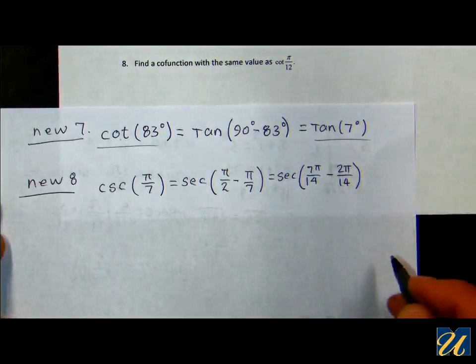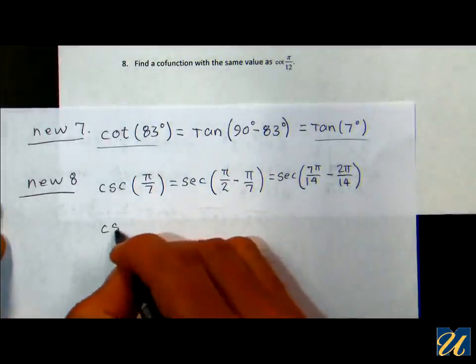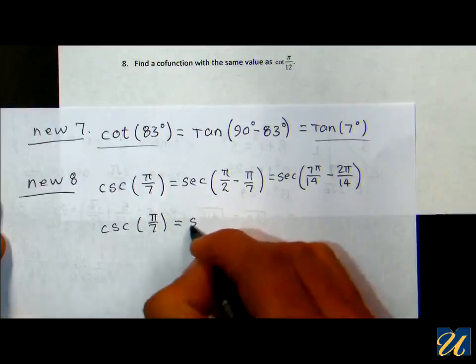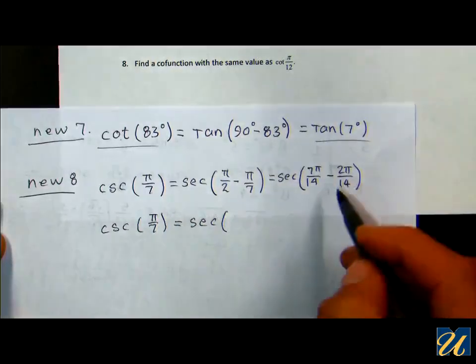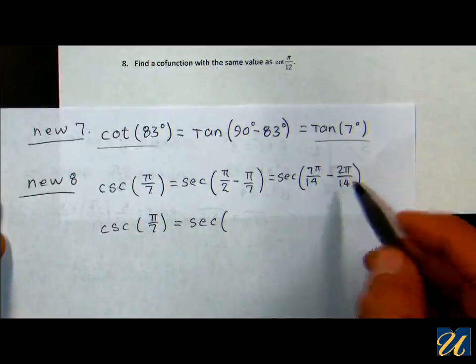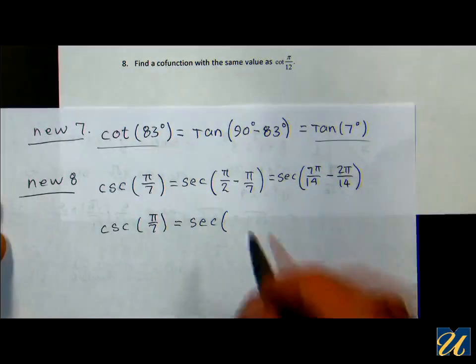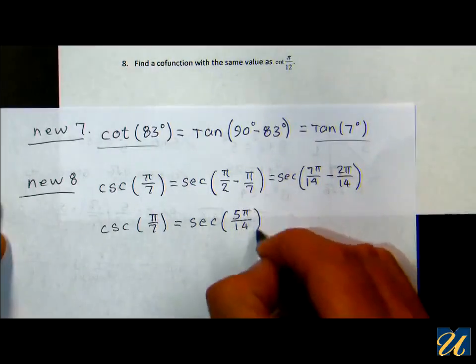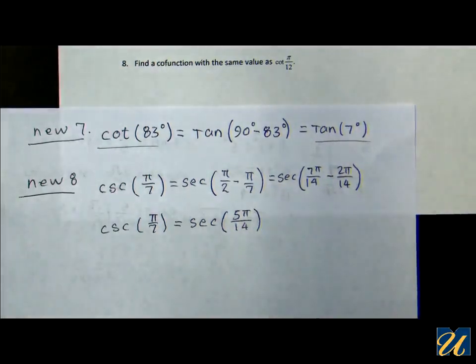So the cosecant of pi over 7 will be the same as the secant of 7 pi over 14 minus 2 pi over 14, which is 5 pi over 14. They'll be exactly the same. Secant and cosecant are cofunctions. And that concludes the problem set for section 5.2.